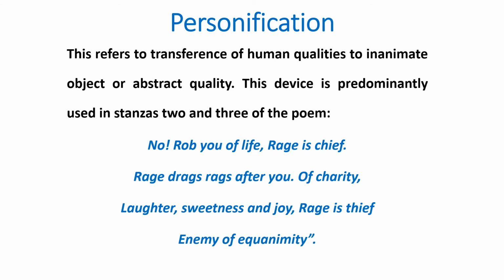I will expect you to know how to cite these lines to discuss the poet's use of personification. You can just tell me largely that the poet personifies rage. And of course, all of these points explain how the poet personifies rage. Rage is thief. Rage is enemy of equanimity.